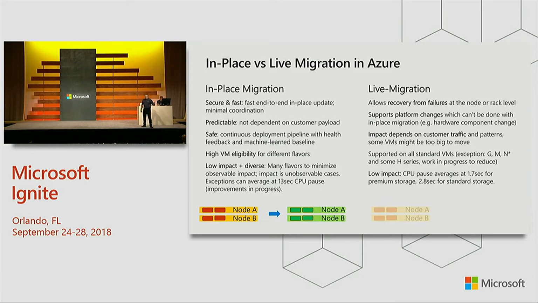Just to give you a feeling, same node A and node B, if we are going to update node B, we are moving everyone to node A. I skipped multiple steps here, but eventually everyone will land on one updated node. So we might land them on node B, update node A, and move them back to node A after it was updated.